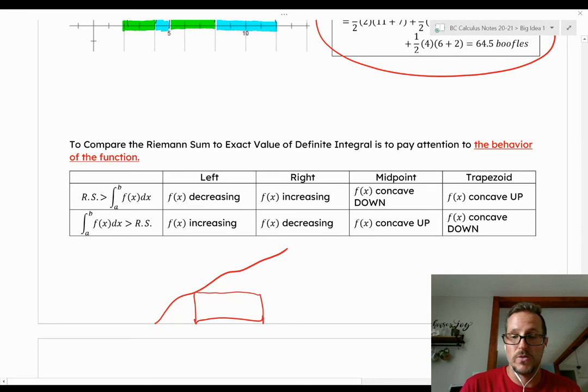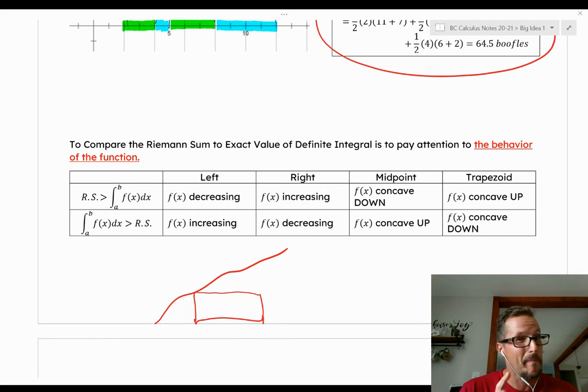All right, so there is the old story of Goldilocks. Remember that one? Goldilocks says, no, this porridge is too hot. This porridge is too cold. This porridge is just right. Right? There are going to be some cases where Riemann sums are too big, and there are going to be other cases where the Riemann sum is too small.